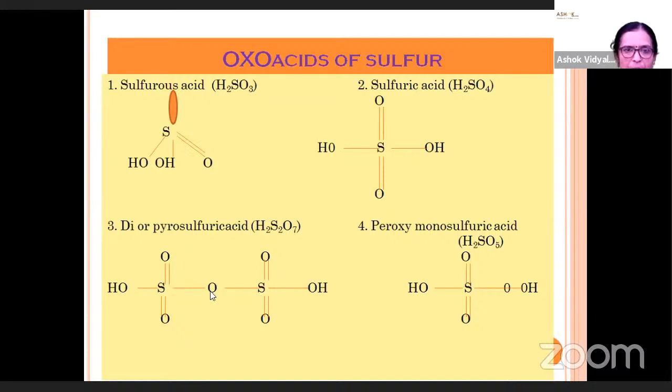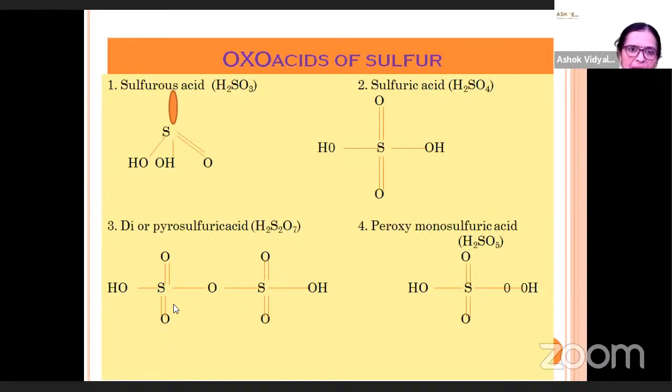This is called the pyro bond. This sulfur-oxygen-sulfur linkage is known as pyro, so the name of this compound is pyrosulfuric acid. Pyrosulfuric acid means this SOS type of linkage is compulsory.